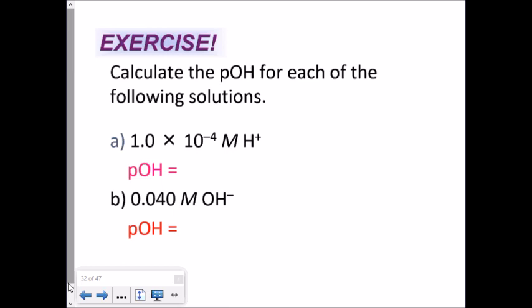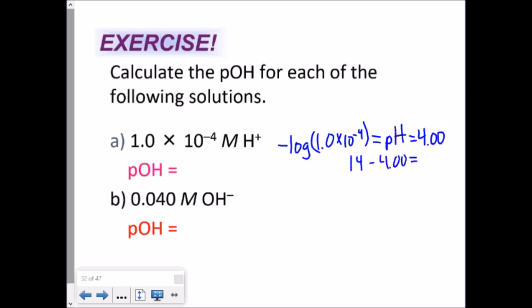We do negative log of H, and that's going to give me my pH. And then I can do 14 minus my 4, and get 10. That's one way, definitely.